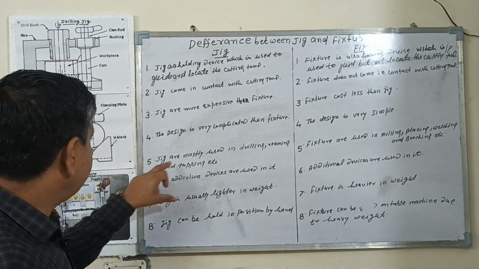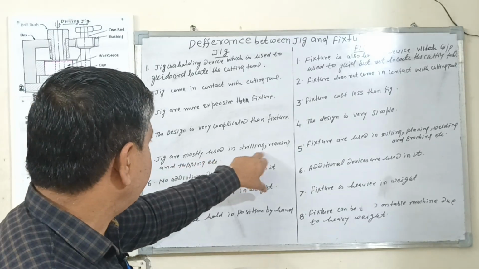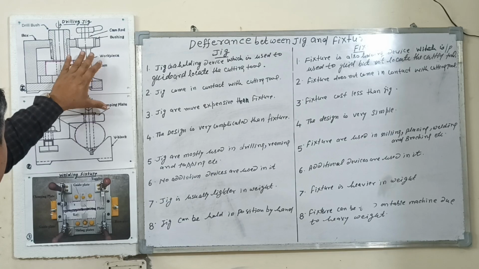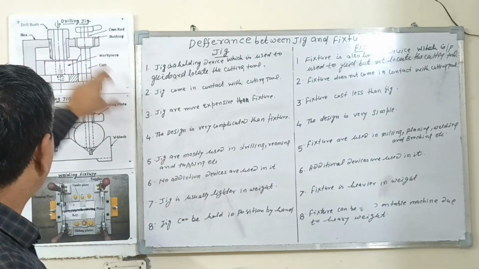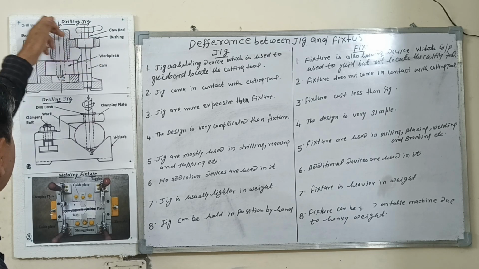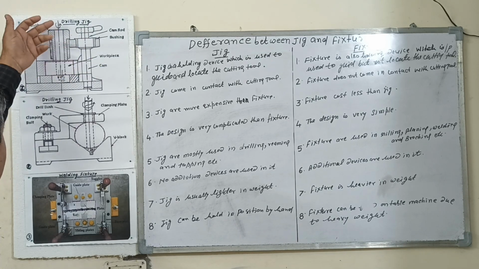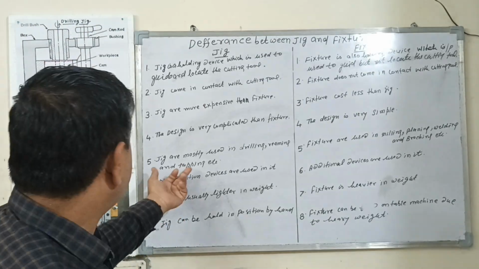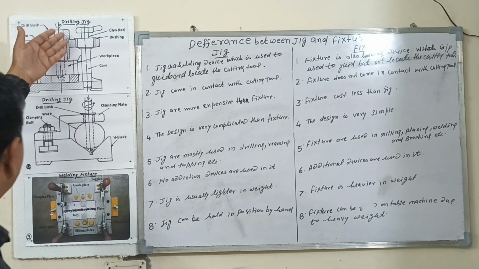Fifth, jigs are mostly used in drilling, reaming and tapping. So jigs are used for drilling. This is called the drilling jig. In place of the drill, a tap is used in a tapping jig, and tapping and reaming tools are used for a reaming jig.